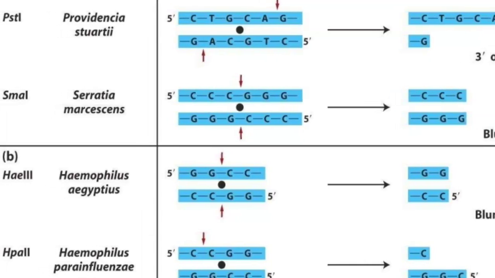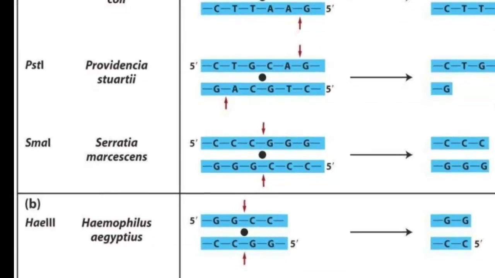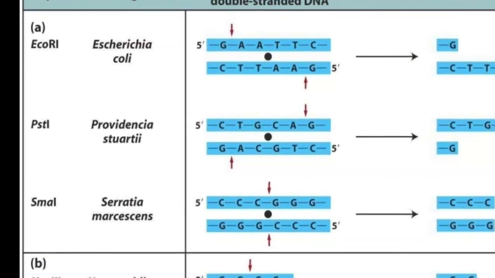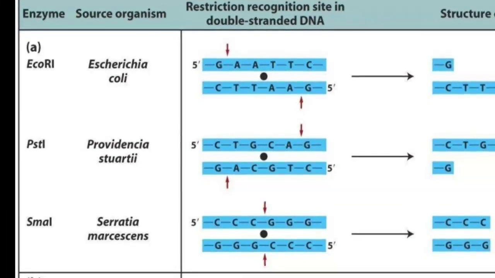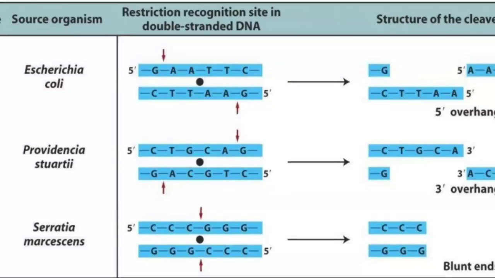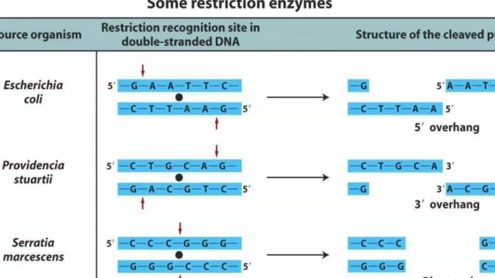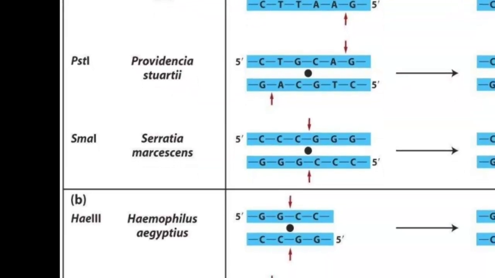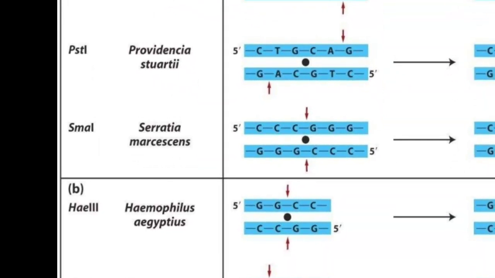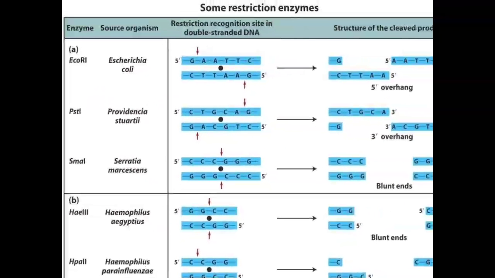The cutting portions are marked with the black dot, which is the portion where the double helix DNA is going to be cut, the restriction recognition site in all these enzymes.